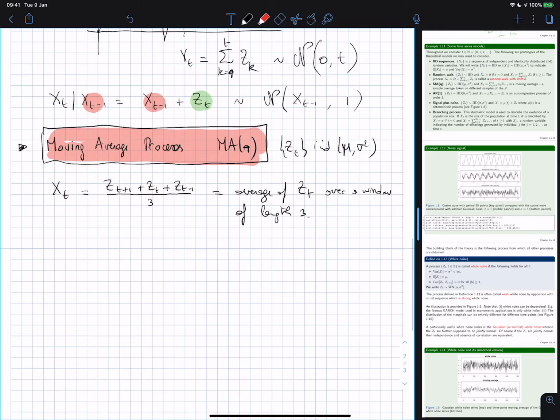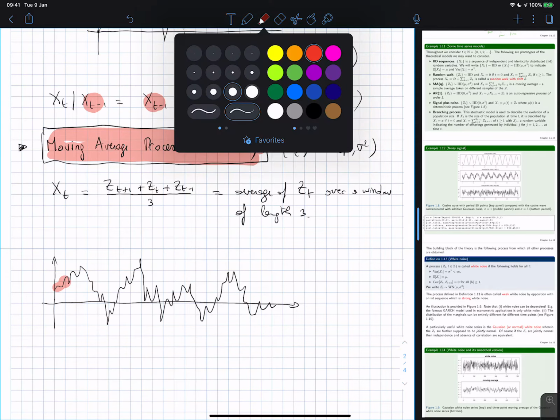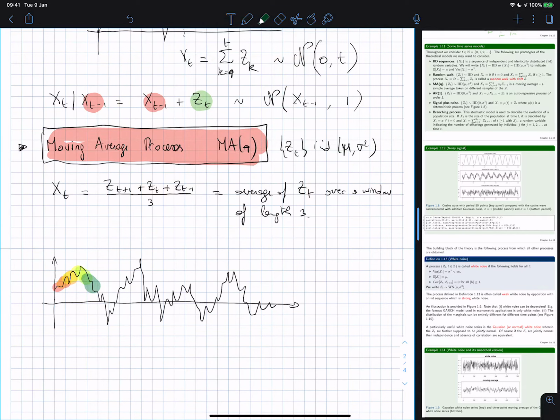So what's going to happen with this guy? You have your sequence of Zt's, and then you take an average. Let's imagine that the Zt's look something like this. They are just white noise, so there's no specific structure. Then you give some structure by looking at the average over these 3, then the average over these 3, and so on. As time passes, you look at averages.